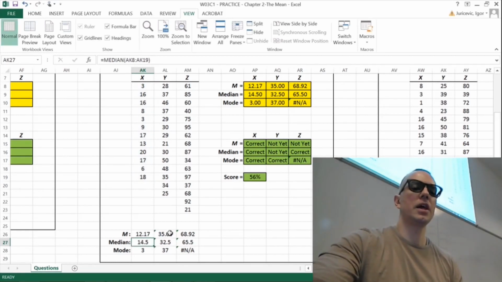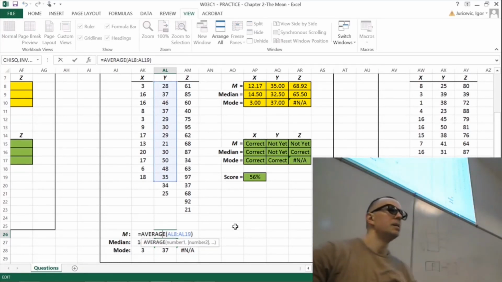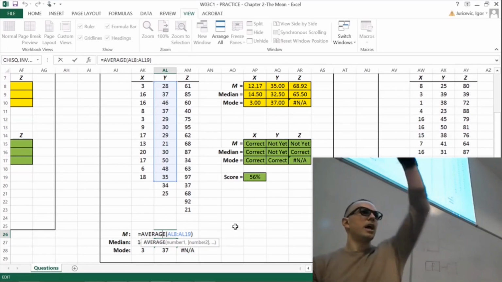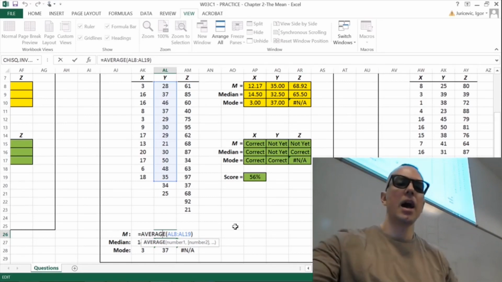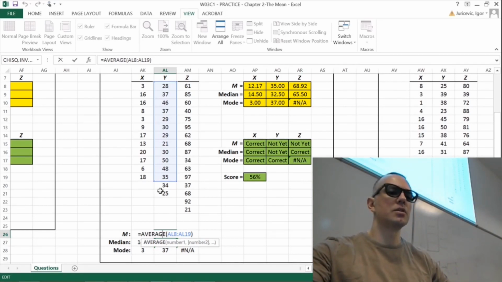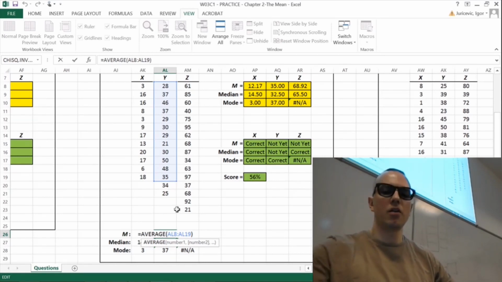But if you double click on the mean for the Y scores, you'll see that Excel has done exactly what we've asked it to do. It's taken that function and the cells that it was accessing for the X scores, and it's moved it over 1 column. However, we're missing scores, right? At this point, we're missing scores down here, and that's why it's incorrect. We didn't include all the Y scores.